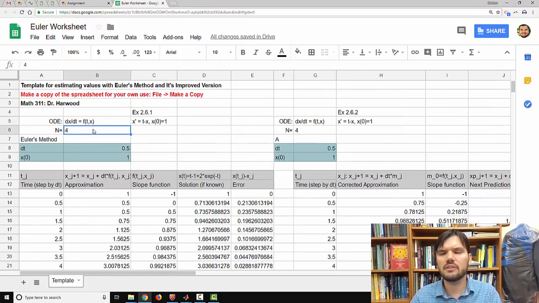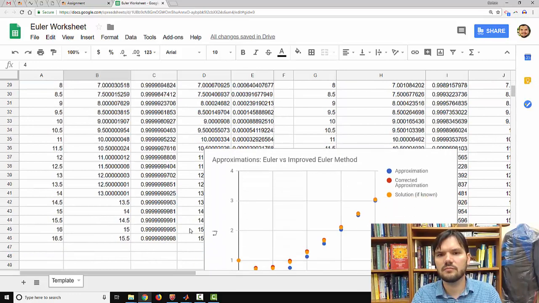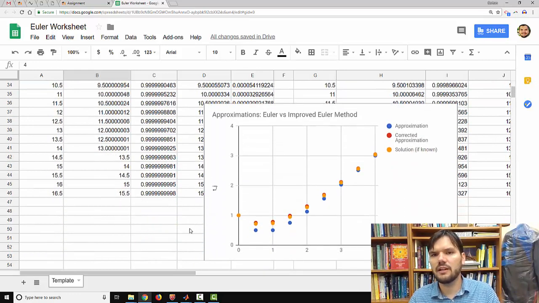Now, this is set up initially for 4 intervals, and once you have it all updated for your problem, you can change the number of intervals and see how it changes. But first, let's look at the graph. So here we are graphing the solution in yellow, or gold if you rather, the approximation by Euler's method in blue, and the approximation by the improved Euler's method in red.